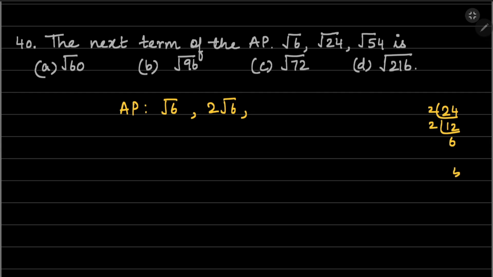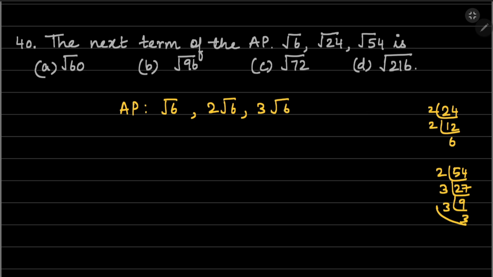And the next term, root 54, if you factorize it, 2 27s are 54, so 3 9s are 27, and 3 3s are 9. So you can write it as 3 root 6.